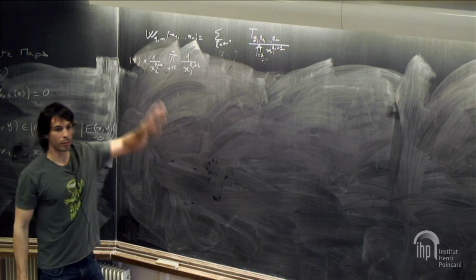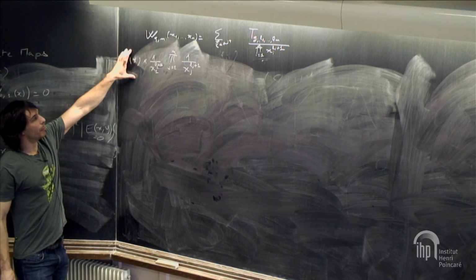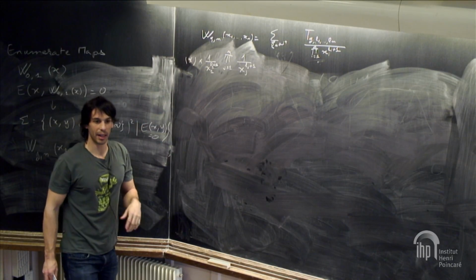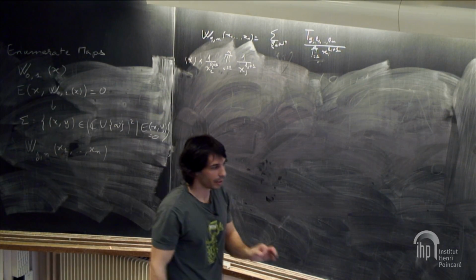So I take this equation, I multiply by this monomial in 1 over xi's, and I sum over all possible values of the L's. So that's exactly what I did in the n equals 1 case.